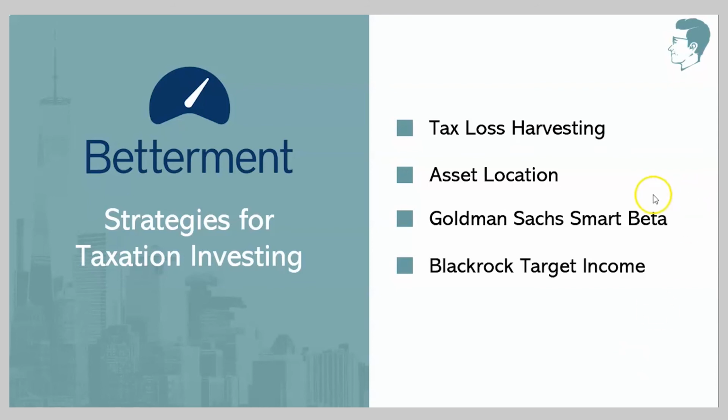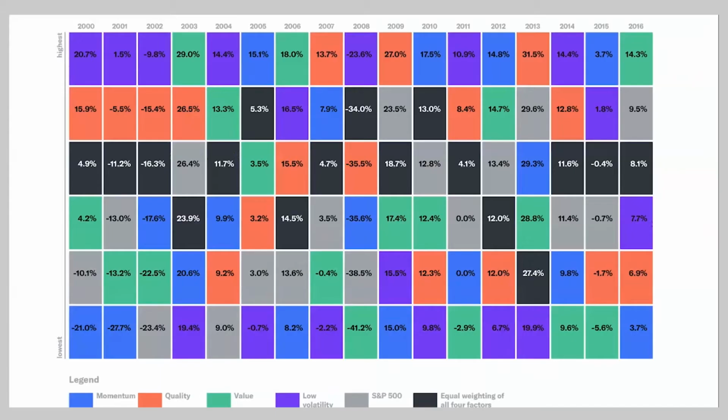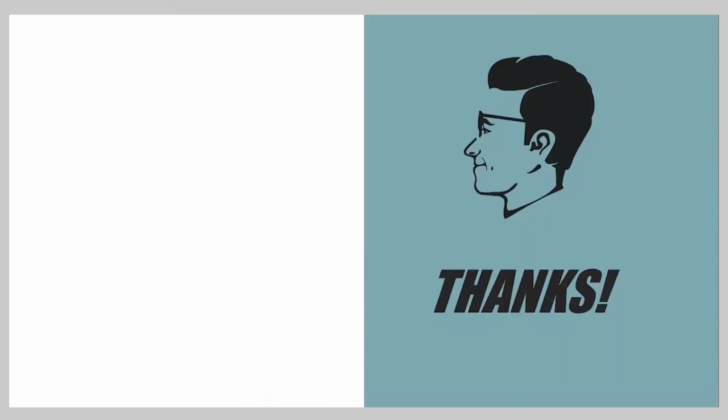And so I hope that kind of helps you understand some of these different strategies that Betterment does have on offer for you. So tax loss harvesting and asset allocation are going to be great for taxation purposes. Goldman Sachs Smart Beta is going to be really good, or potentially good, if you want to try to outperform the market. And then Blackrock Target Income can potentially help you generate more income when you're investing, and especially if you're in retirement, potentially this could be good for you. So that is all we have for this video.